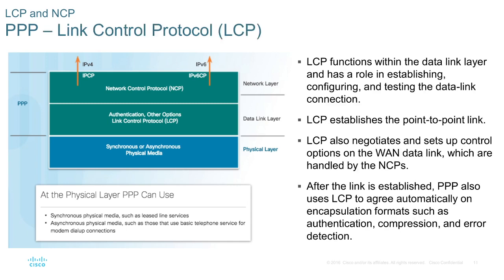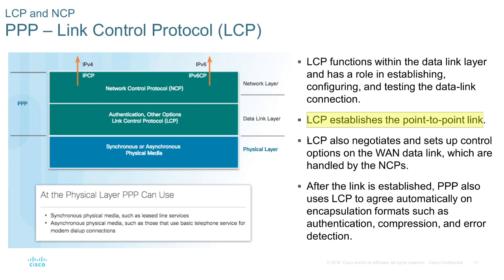So if we particularly look at the link control protocol of PPP, the link control protocol is mainly dealing with establishing, configuring, and testing the data link connection. So it will be established at the data link layer, and that is the main role that it is doing, and it will be responsible for establishing that point-to-point link.